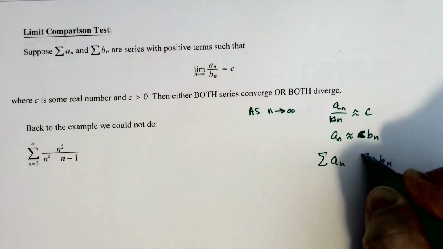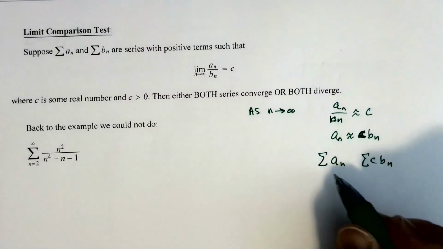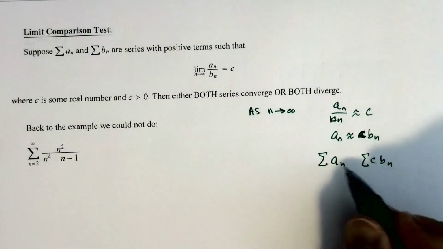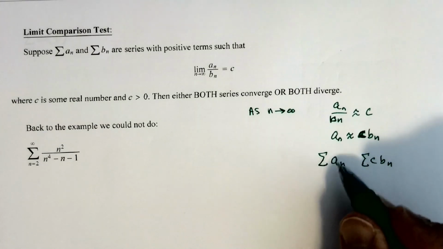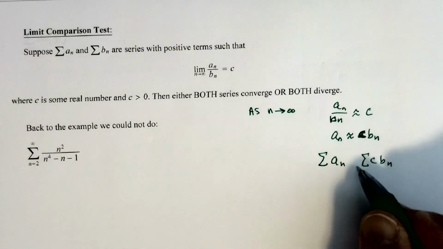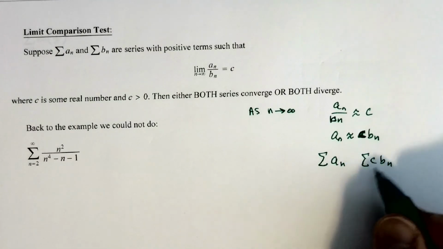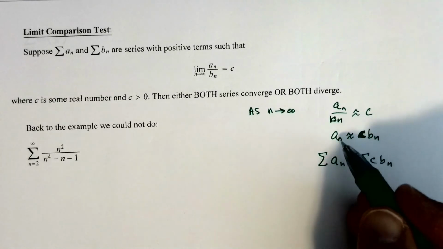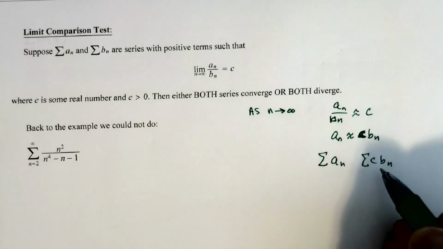If that's the case for large values of n, you get the feeling that if this series is convergent, then this one does too, because the c is a constant multiple that can come out. They go hand in hand if a sub n is equal to c times b sub n.